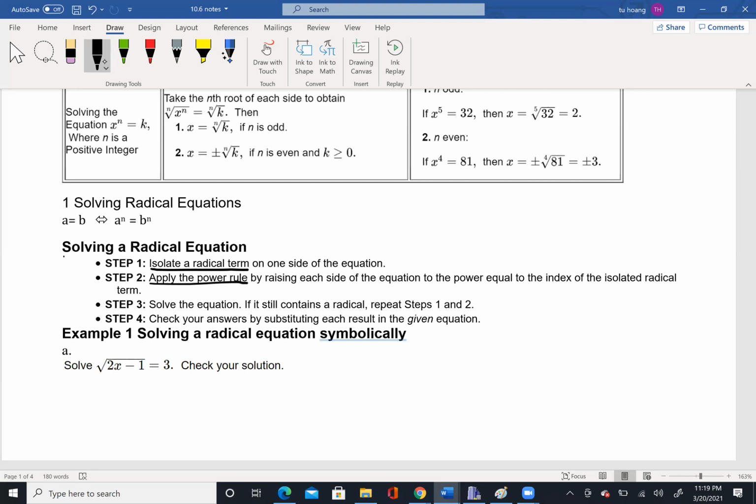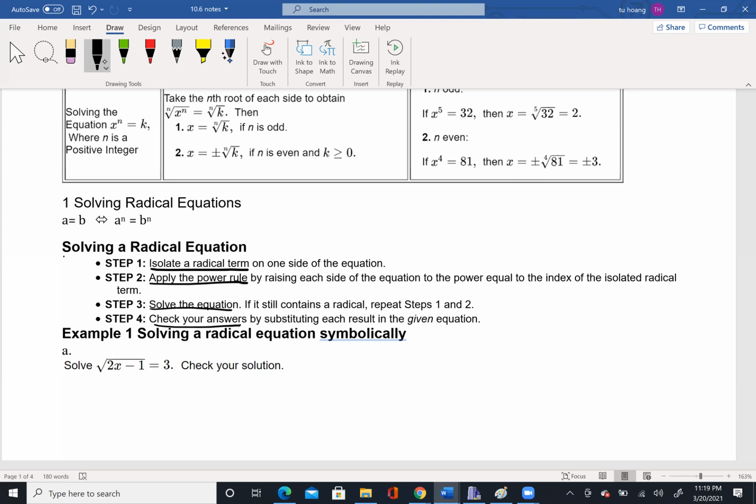Step number 3, you're going to solve the equation, and if it still contains a radical, repeat step 1 and step 2. And the last step is to check the answer to make sure the solution satisfies the original equation.